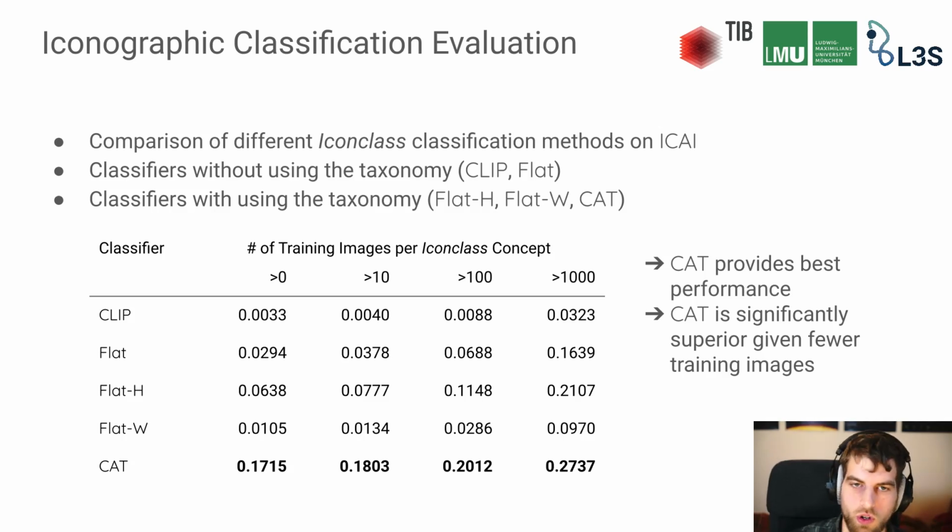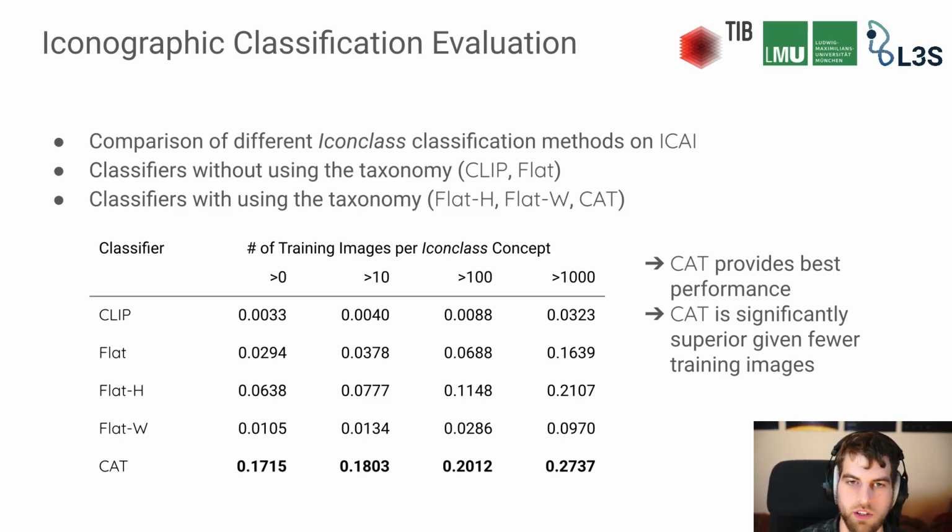When we now go to our classifier, we consider here the dataset first, and we use two groups of classifiers. The first one doesn't use the taxonomy at all, so CLIP zero-shot, for example, or flat, which is basically 20,000 classes predicted without considering children and parents. Then we have three models that consider the taxonomy: flat H, flat W, and our own CAT.